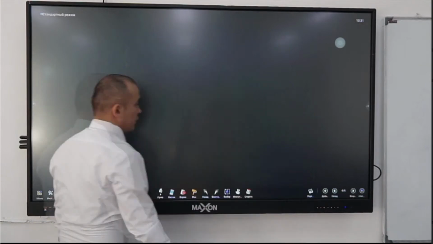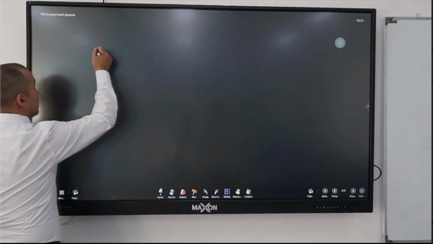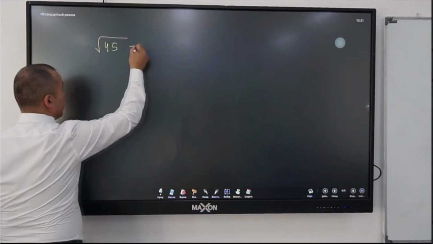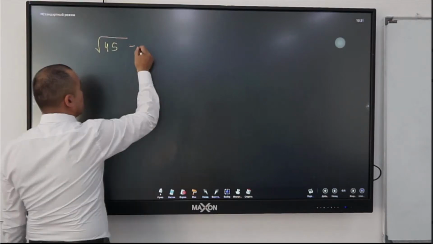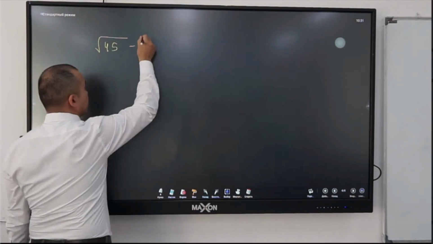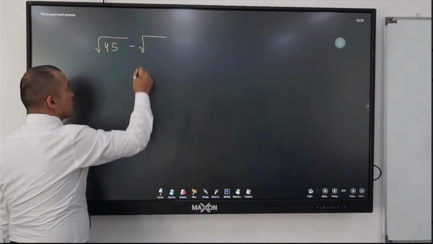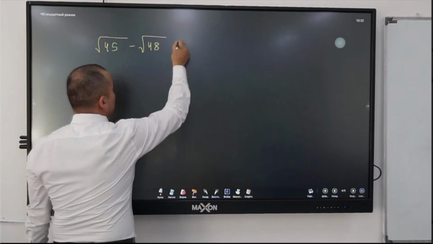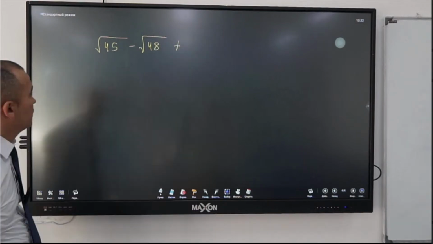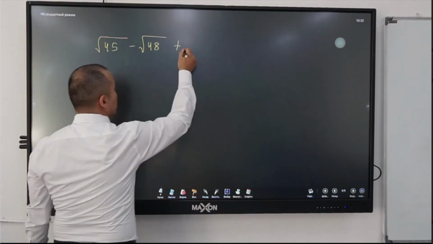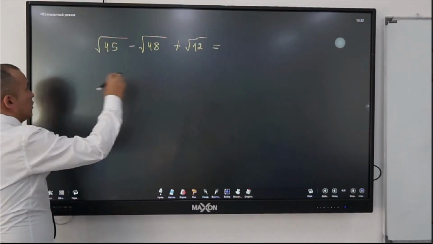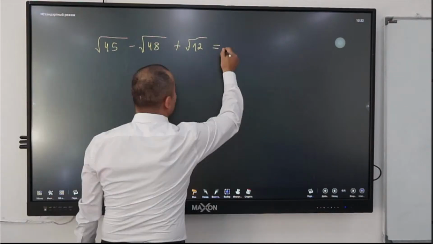For example, root 45 minus, for example, root 48 plus root 12. Okay, first of all, what must we do?